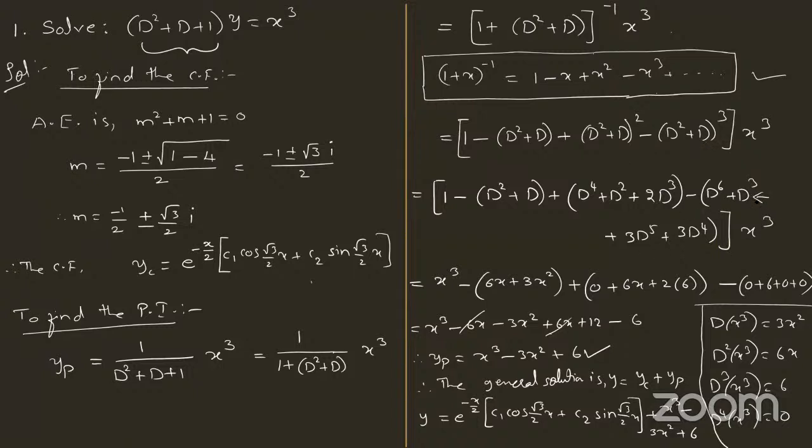All other terms are of higher degree than 3. So all other terms become certainly 0 except the d cube term, because you are taking the cube of this. The lowest degree term you may get is the d cube term, and all others will be higher. Certainly their derivatives, when you operate them on x cube, you will get zeros only.